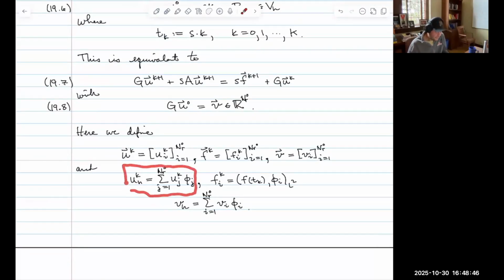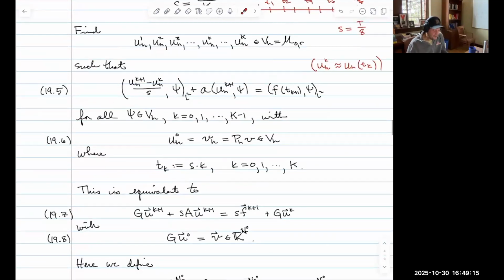For each finite element function that I'm looking for, I'm going to assume it has this basis expansion. It's expanded in the basis, but I'm going to collect these as my coefficients. These are the coefficients of this finite element function. Notice that they're not explicitly dependent on time. The time dependence actually comes with this superscript that indicates the time level, but they're not functions of time as they were before.